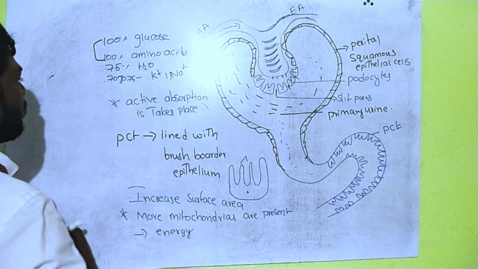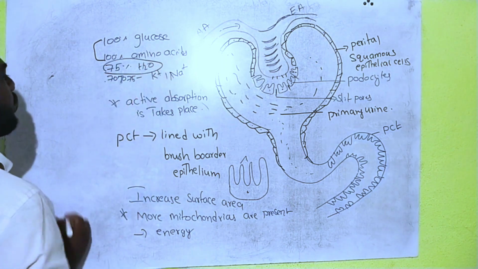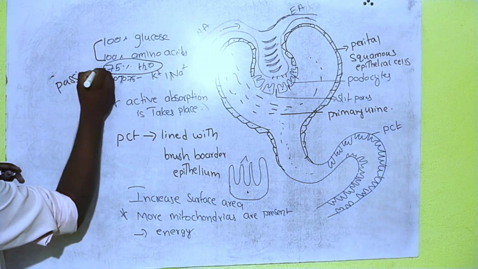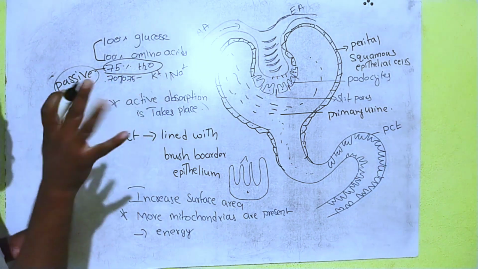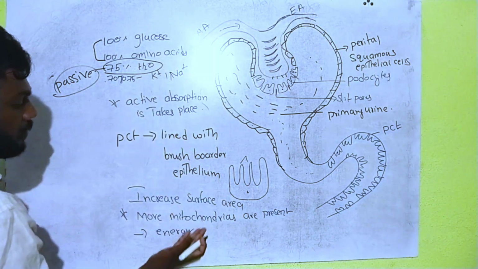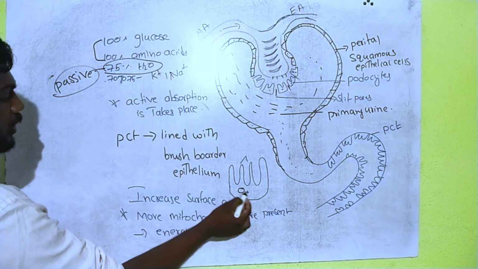Again, 70% to 75% of water is absorbed by a passive process. What does passive mean? It does not require energy. Active absorption requires the energy given by the mitochondria in the brush border epithelium cell.